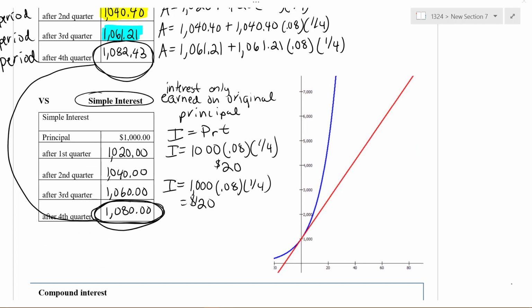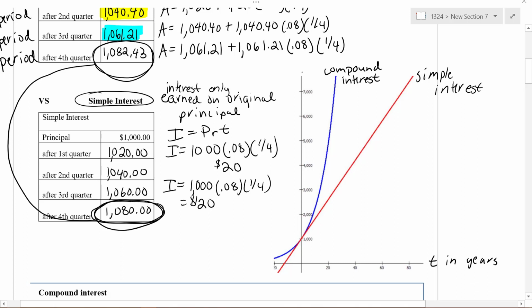When I look at this graph, the blue graph here is compound interest, and the red graph here is simple interest. The horizontal axis represents time in years, and the vertical axis represents the money. If we look at about $7,000, how long would it take us to earn $7,000 with compound interest and simple interest?